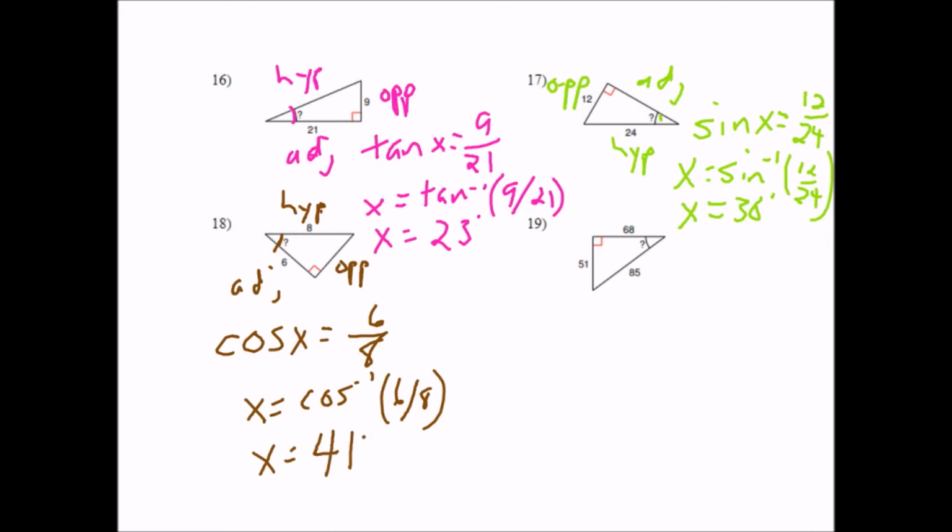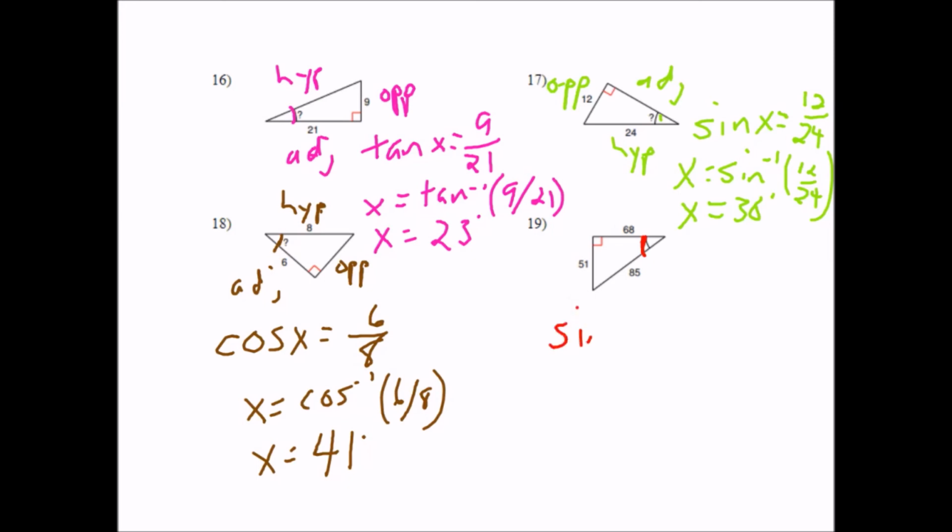And then the last one on the slide, reference angle here. Now, for this one, you can pick what you want to use because all three sides are given. So let's do, what have we done so far? We've done tangent, sine, and cosine. Let's do sine.